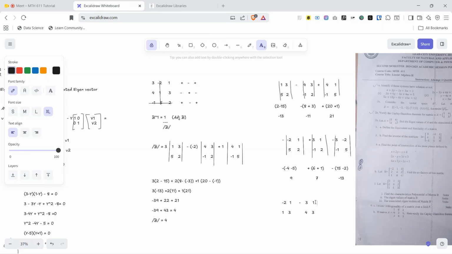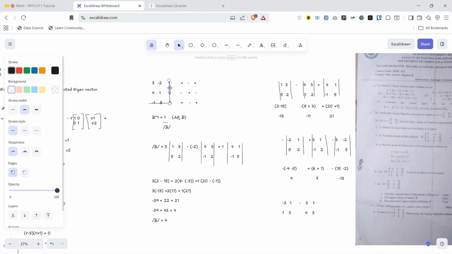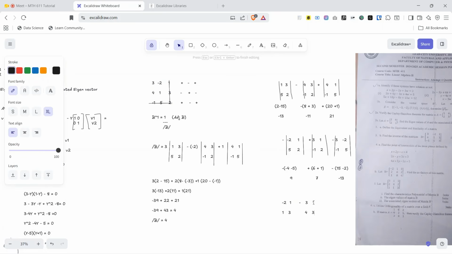Then the third part, we'll move this to this. Then the third part would be 3 minus 2 into, we have 4 and 1.